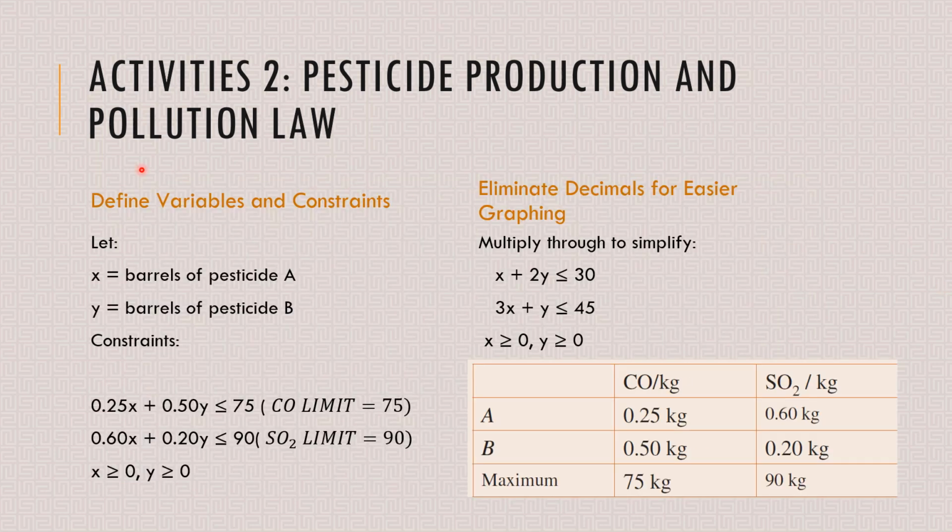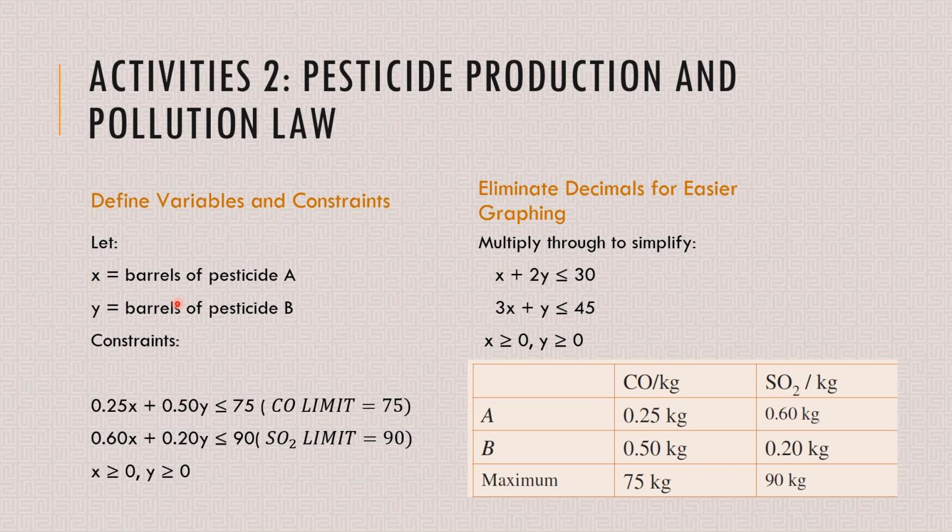Here we are going to define our variables. Our variables are the production of pesticide A and pesticide B, which will be within the constraints.